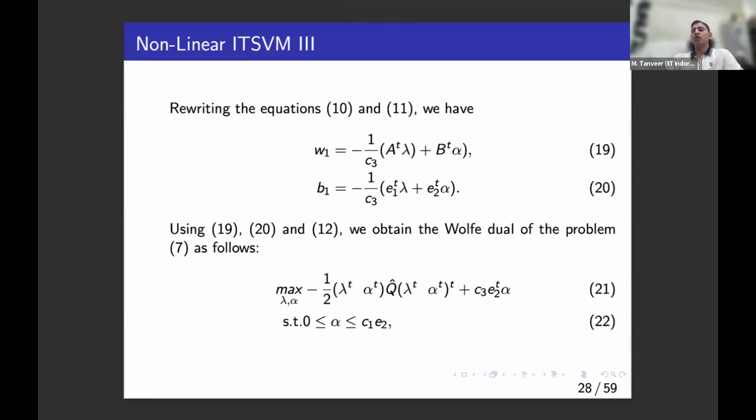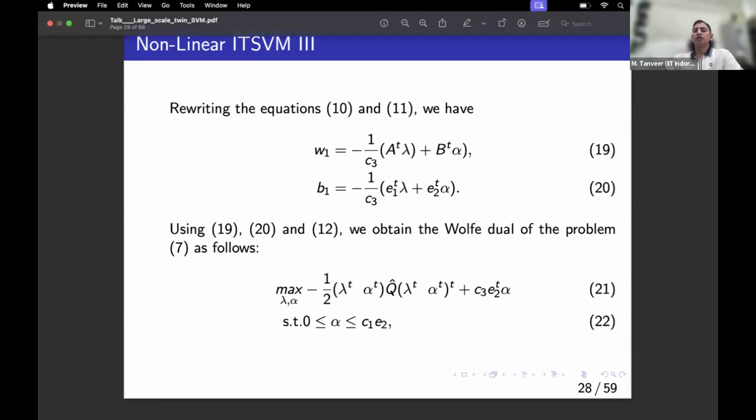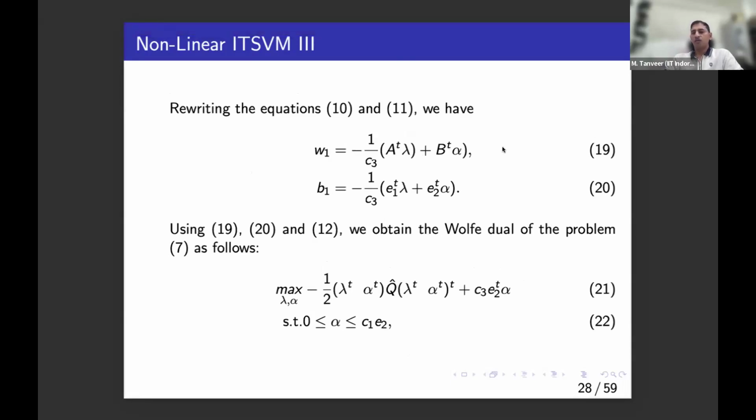So when we are calculating this W1 and B1, what we observe here is that W1 and B1 are free from the inverses. And when we see the dual problem, this is the dual formulation, and this is a matrix Q cap or Q tilde.